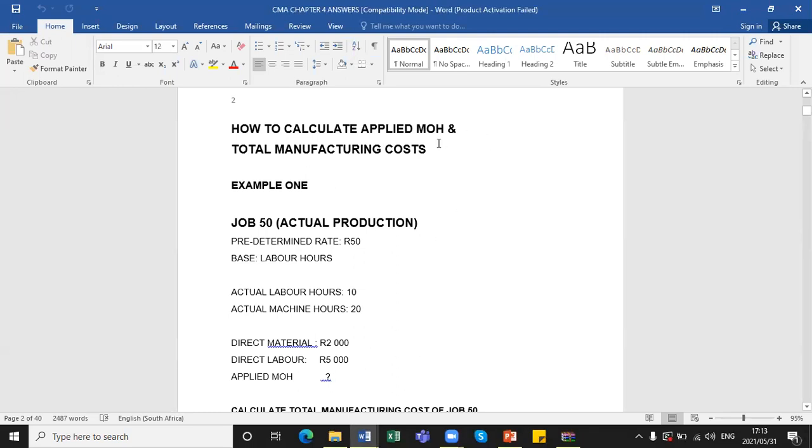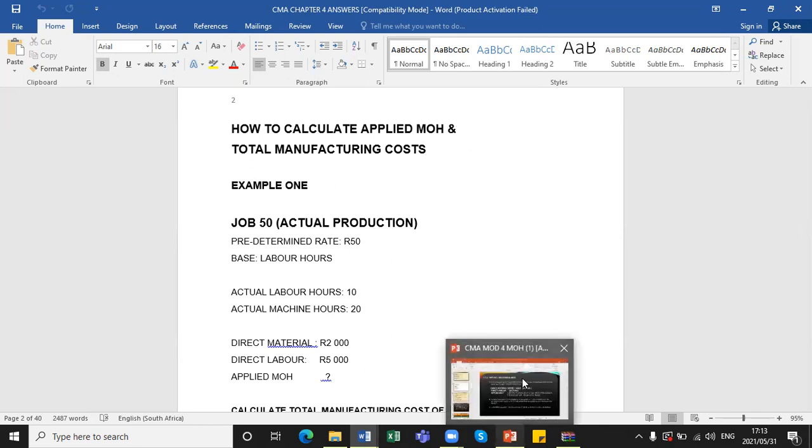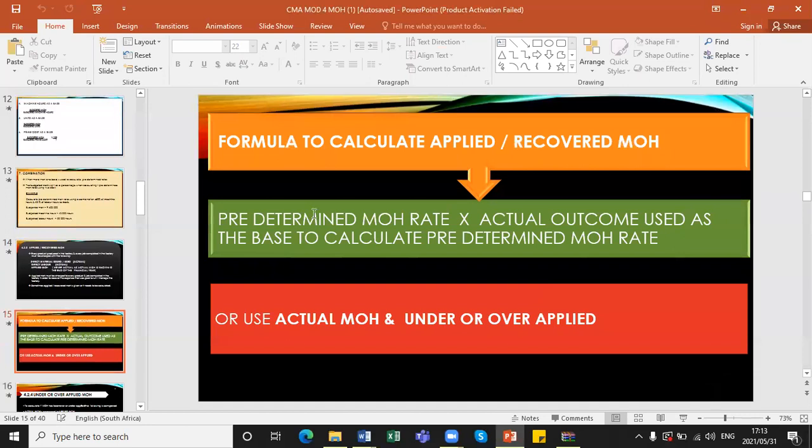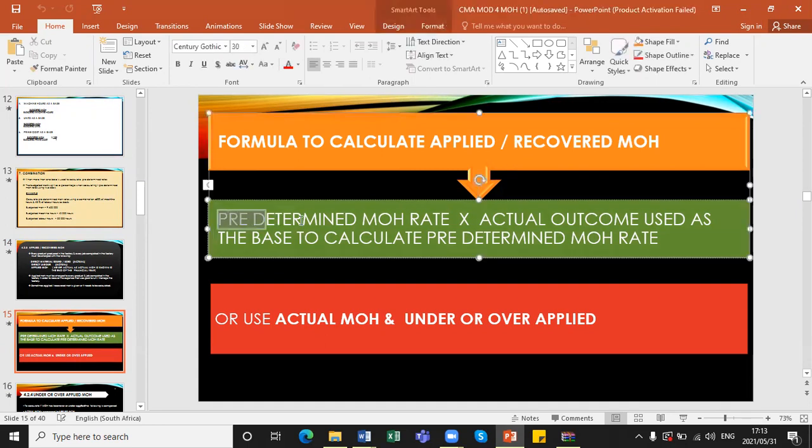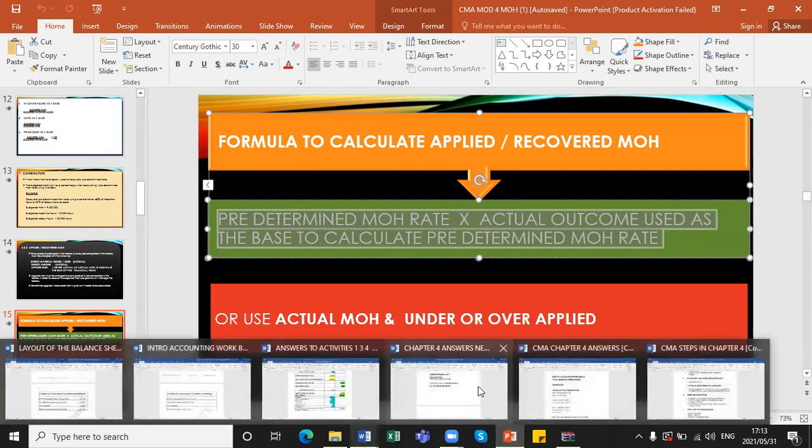Now, before you can calculate the manufacturing cost, you must calculate applied overheads. There are normally 2 formulas you can use. For now, we're only going to focus on this one, which says predetermined rate times the actual outcome used as the base. I'm going to explain it to you in this example.